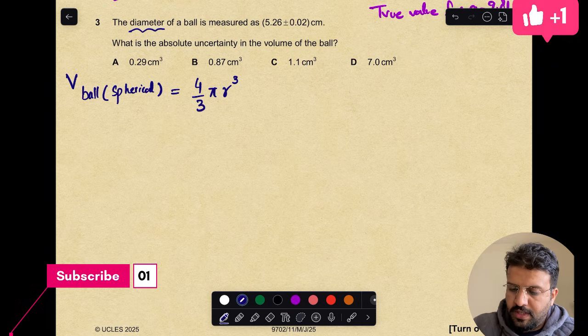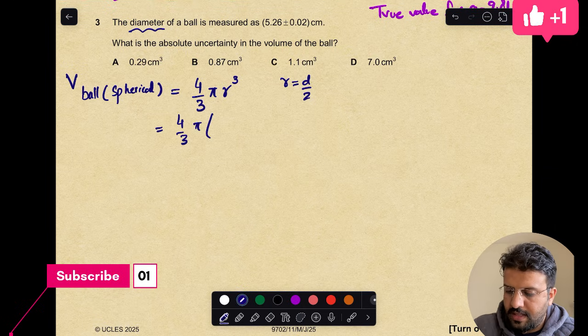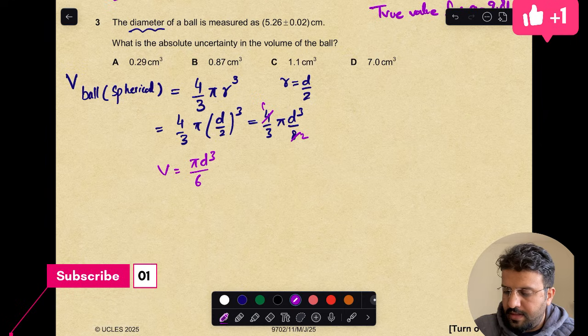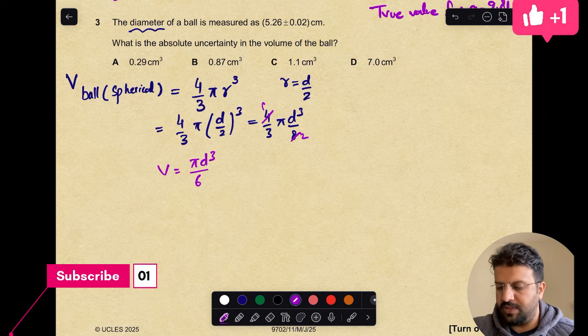But we have information in terms of diameter, and the radius is half of the diameter, so it becomes 4/3 pi (d/2) cubed. This gives 4/3 pi d cubed divided by 2 cubed. 2 cubed is 8, so 4 and 8 simplify to 1 and 2, giving pi d cubed over 6. Okay, so this is the basic expression that we have.